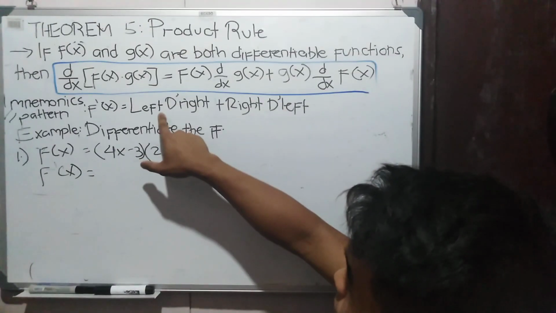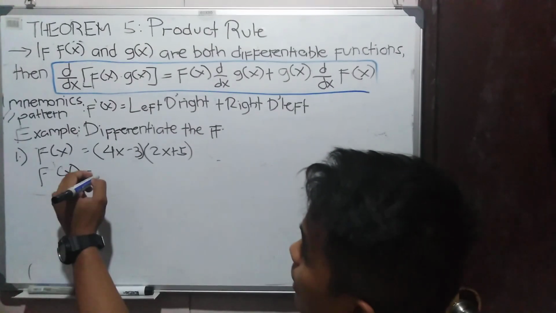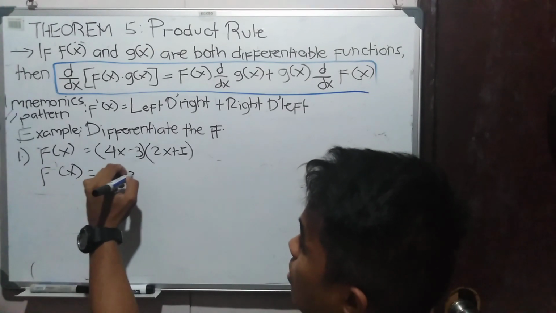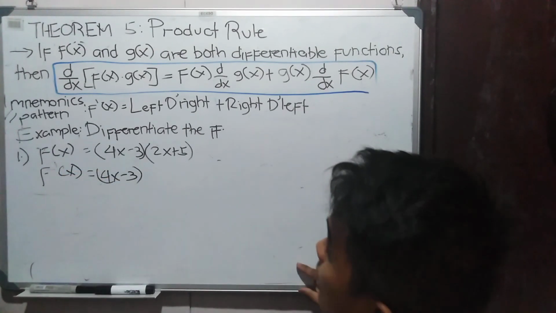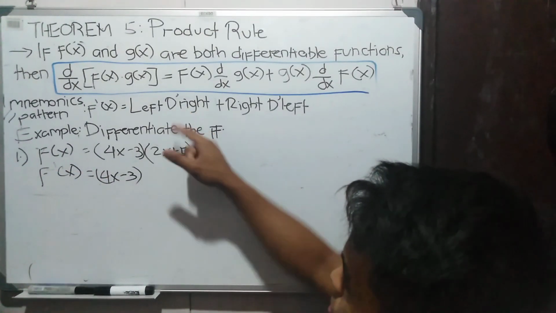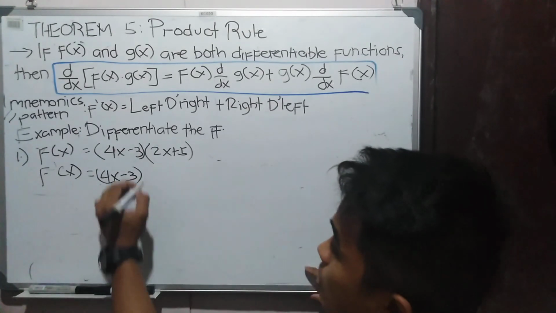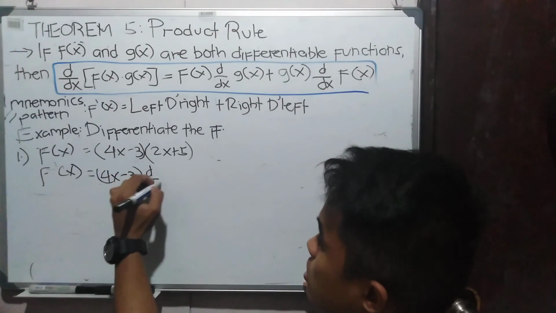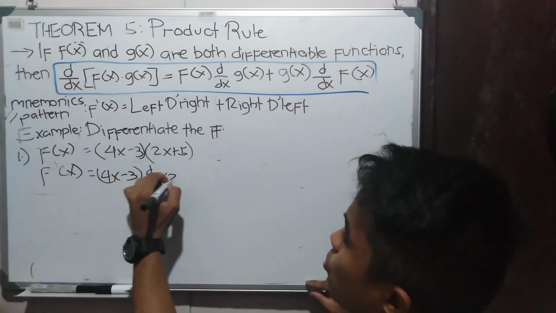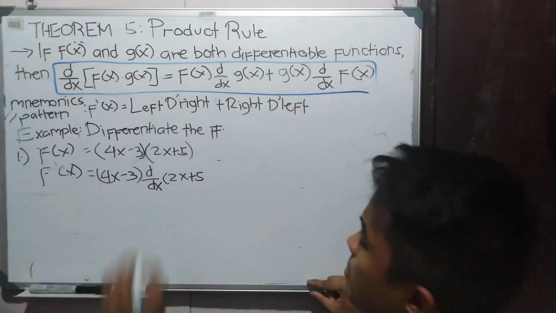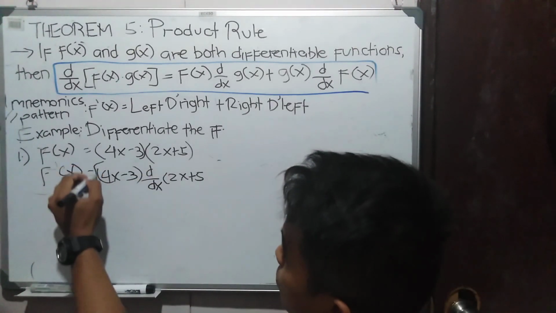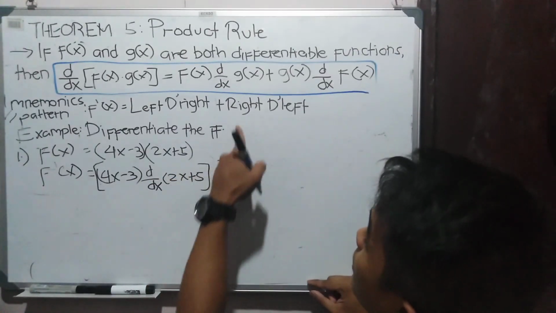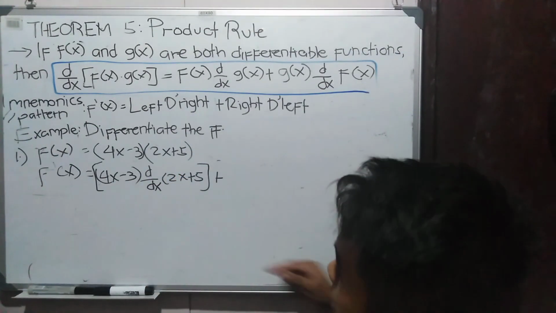Okay, so we have left. Yung left natin ay 4x minus 3 times the right. Okay, so the derivative of our right, that is d over dx of 2x plus 5. Okay, so wag natin kakalimutan, lagyan ng bracket. Then plus right, ano yung right natin?